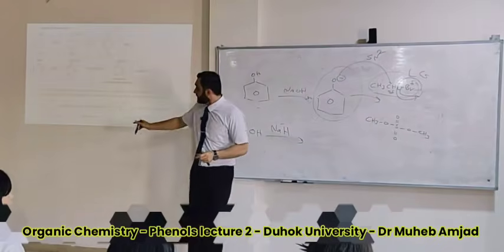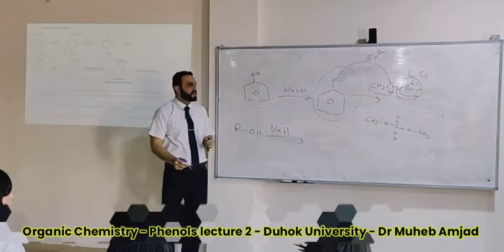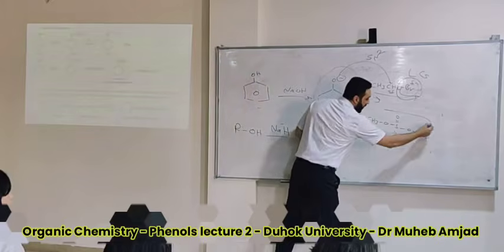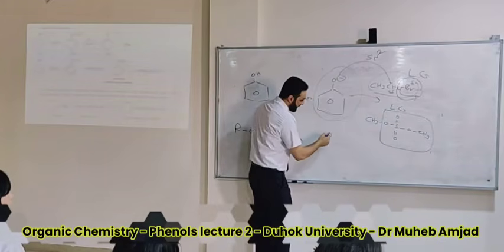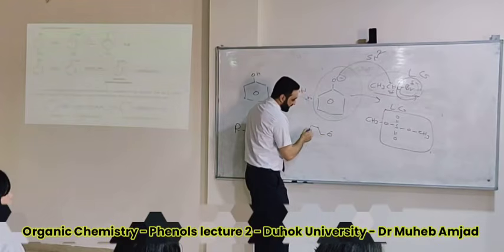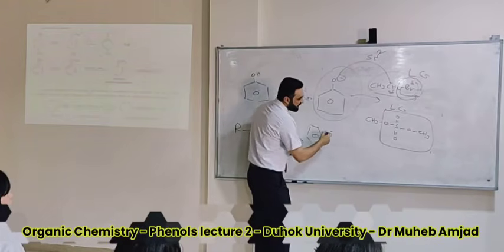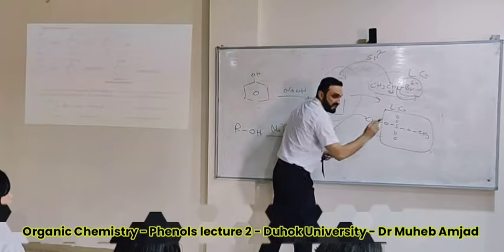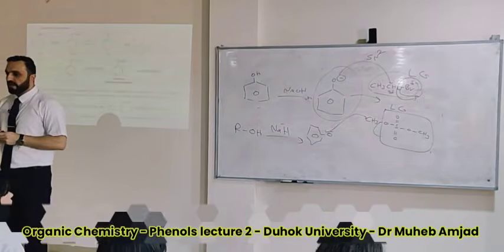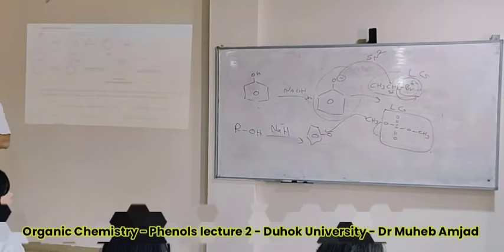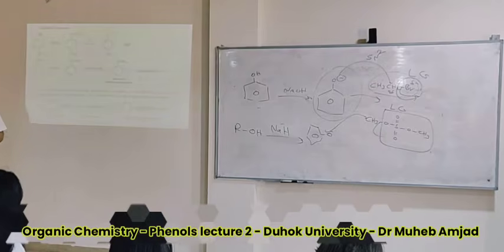This compound also has a leaving group. That means a nucleophile like the phenoxide anion can attack, and this leaves the structure and gives you alkylation of the oxygen, giving the ether compound. This is the Williamson synthesis.